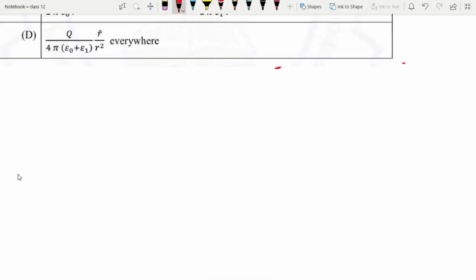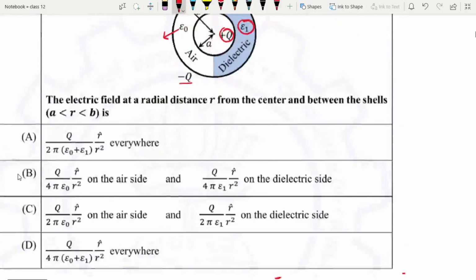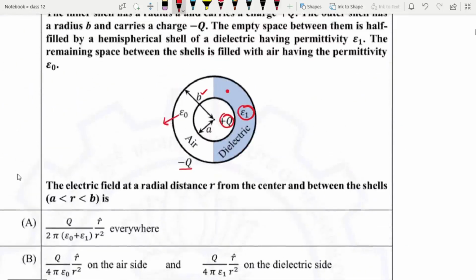So we know according to Gauss law we can draw a Gaussian surface in between the two shells that encloses the charge plus Q. Consider this dotted line as a Gaussian surface.